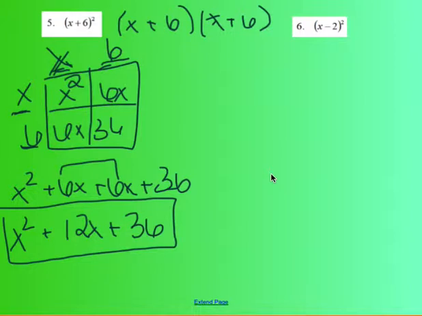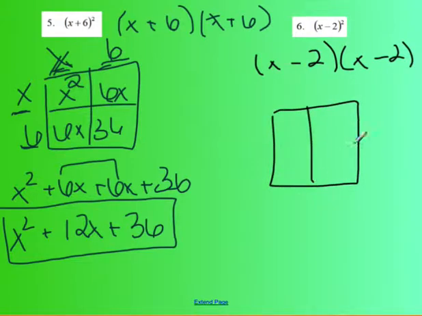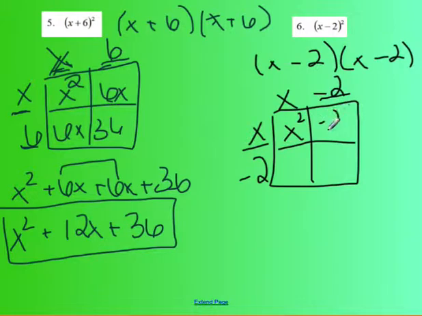Next, let's take a look at this x minus 2. Well, I want you to look at the x minus 2 squared as being x minus 2 times x minus 2. So we're going to go ahead and draw out the box for that. So we have x and then a negative 2, x and then a negative 2. Well, x to the first times x to the first is x squared. Negative 2 times x is negative 2x. Negative 2 times x is negative 2x.